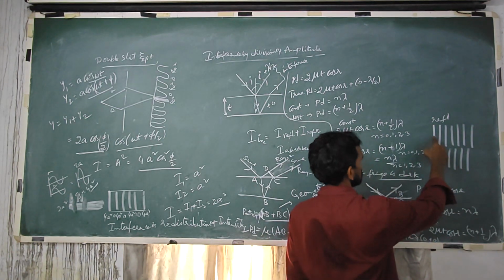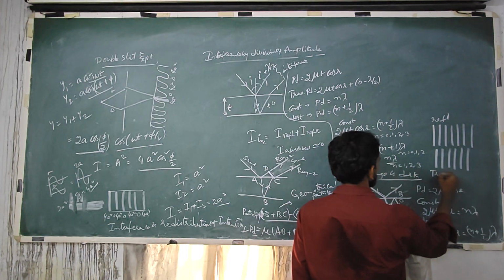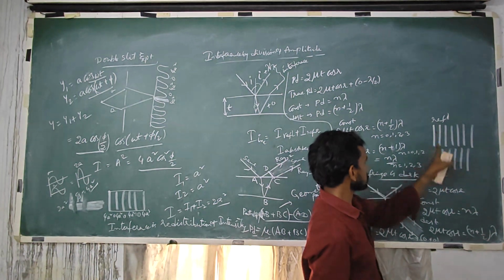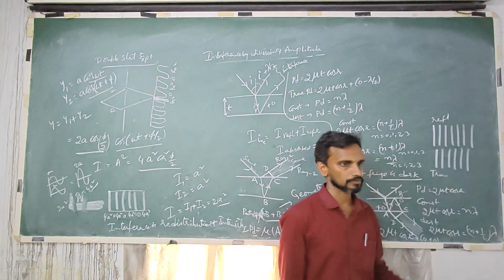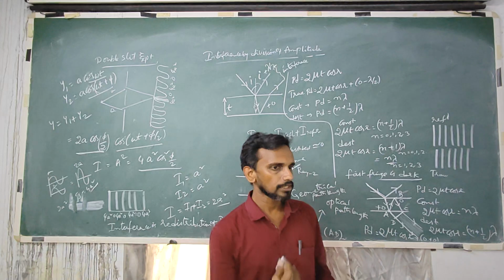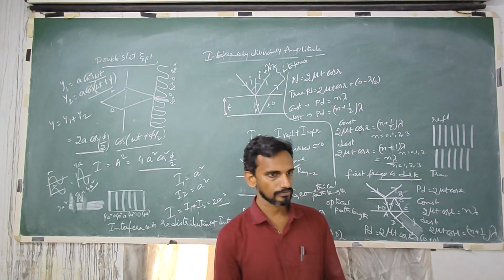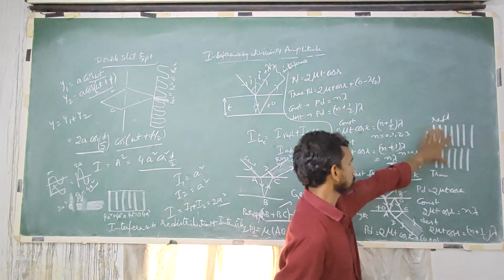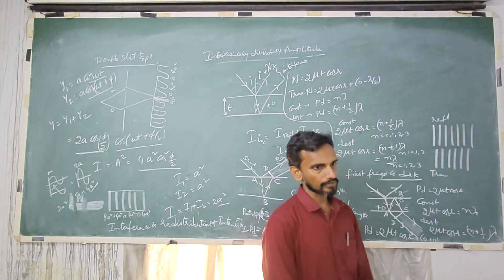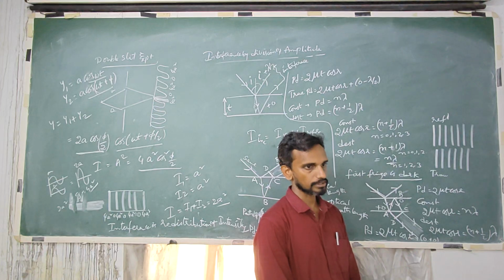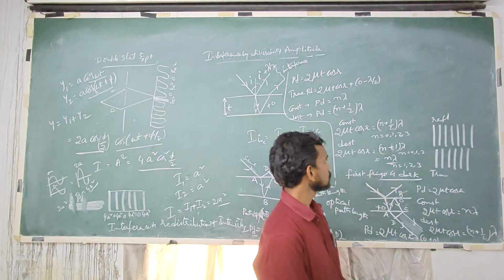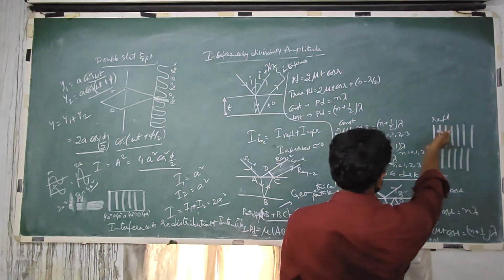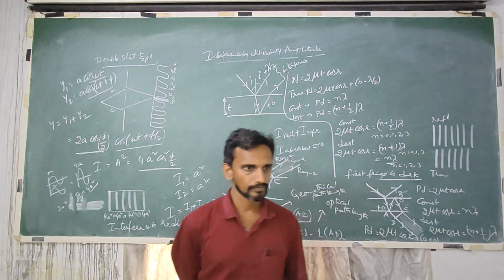If you have bright fringe in reflection, you will get a dark fringe in transmission. If you get a dark fringe in reflection, you get a bright fringe in transmission. So here also it is just a redistribution of intensity. So whatever total intensity, if you add both of them, you get 4A square intensity. Right? So it is redistributed between reflection and transmission cases.